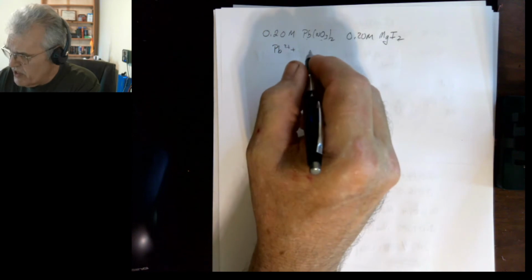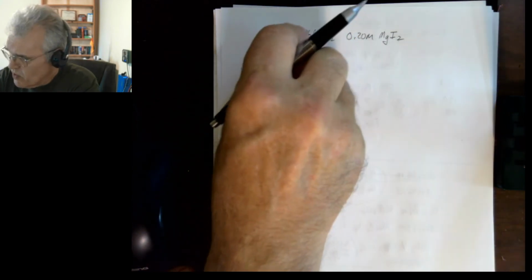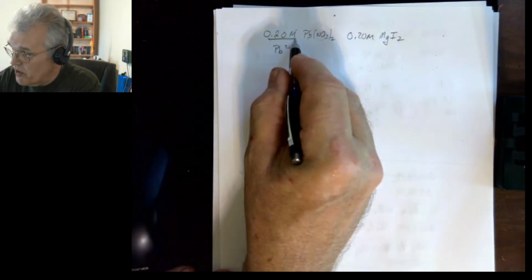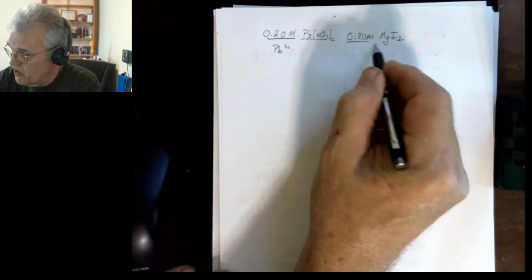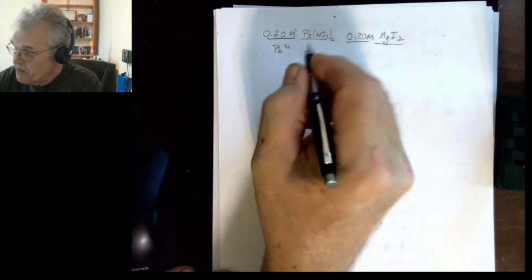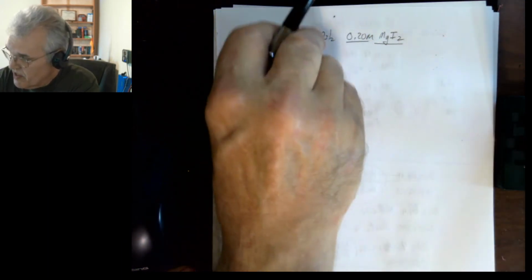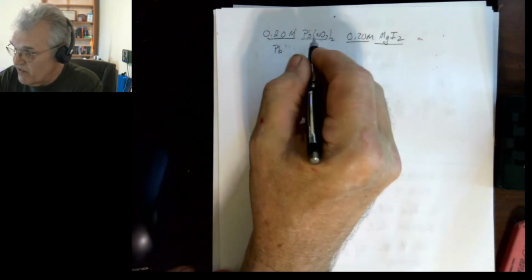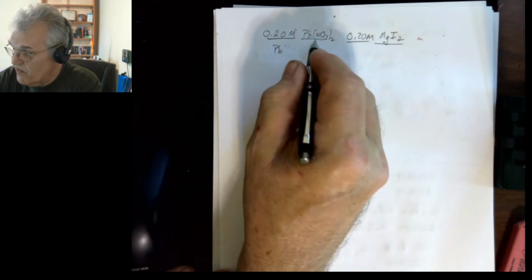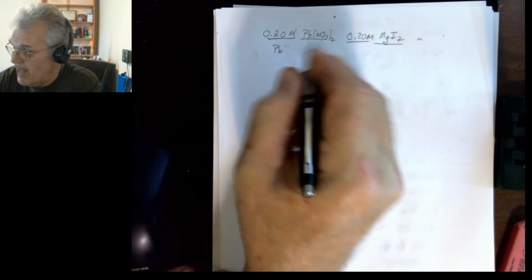So one of the things we have to do is figure out the concentration of these items in solution. We know it's 0.20 molar in lead nitrate and 0.2 molar in magnesium iodide, but we know that this is dissolving, not precipitating, because at first these go into solution. We had to figure out what the molarity of the individual ions are.